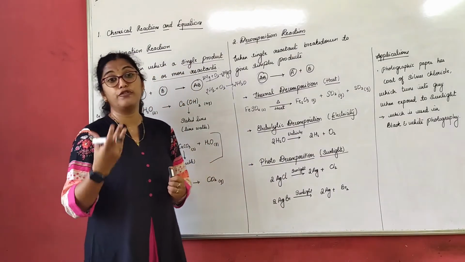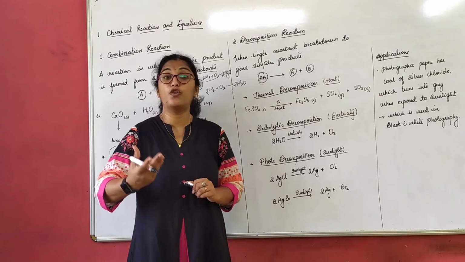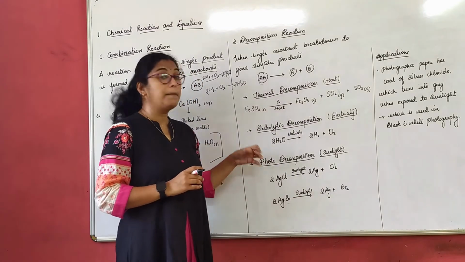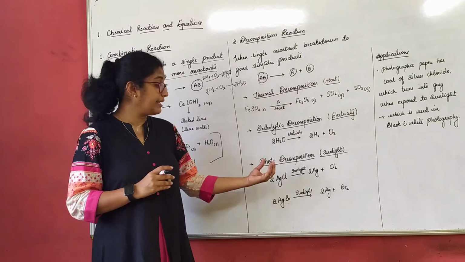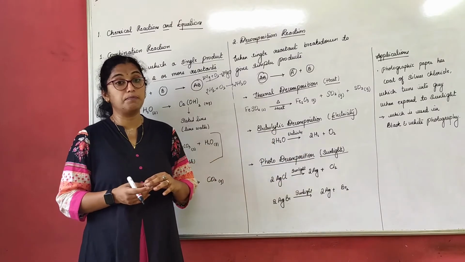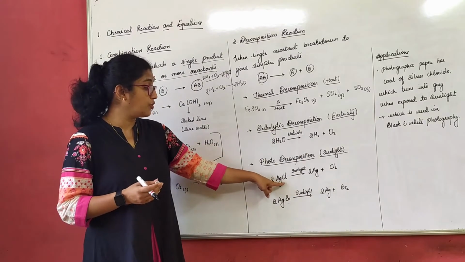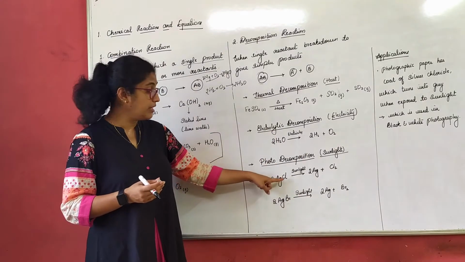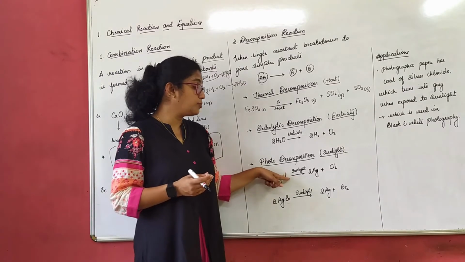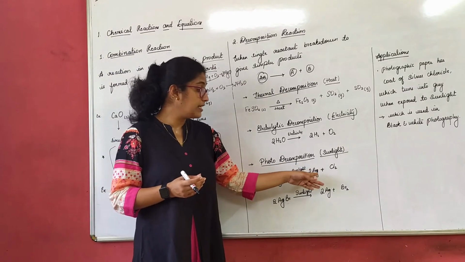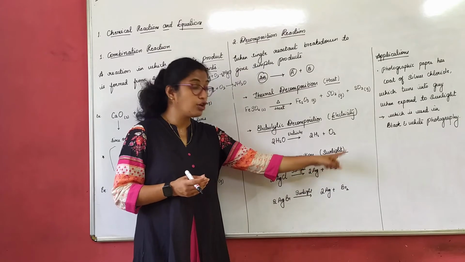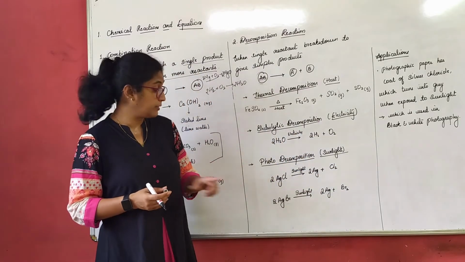Photo decomposition. Photo is sunlight, as in photosynthesis. By exposing it to sunlight, the substances are broken down to simpler products. Silver chloride, Ag stands for silver, when exposed to sunlight gives silver metal, and chlorine gas is liberated.